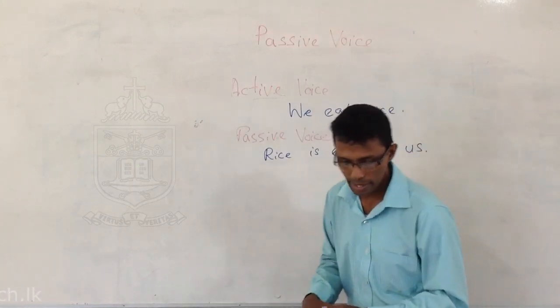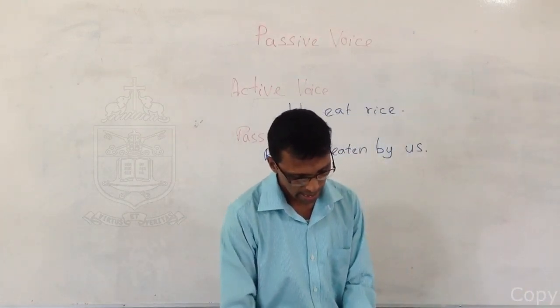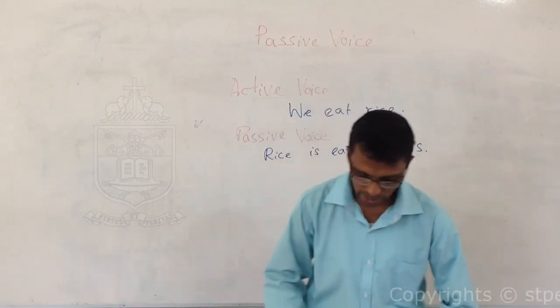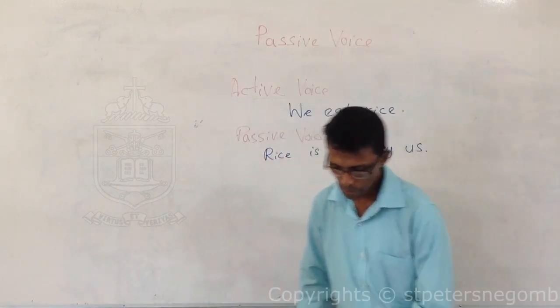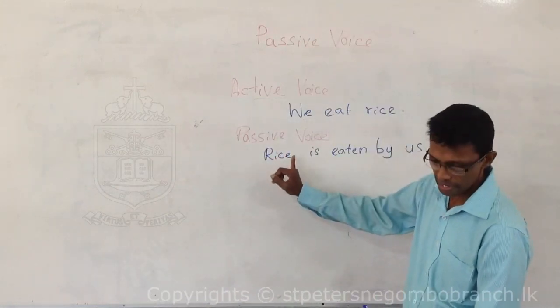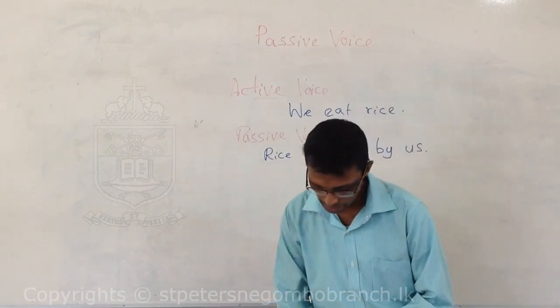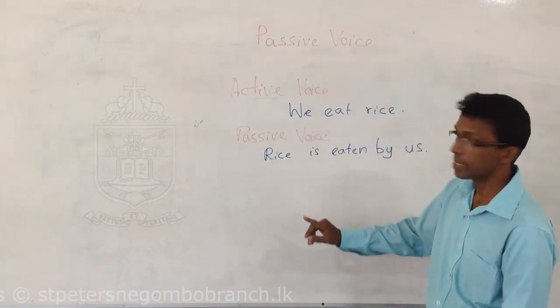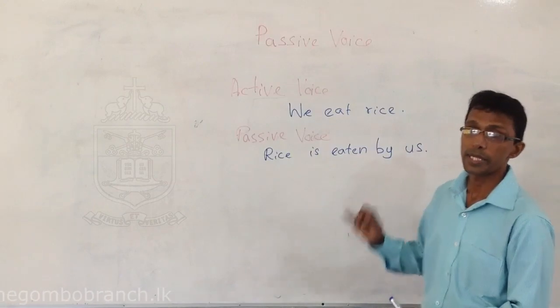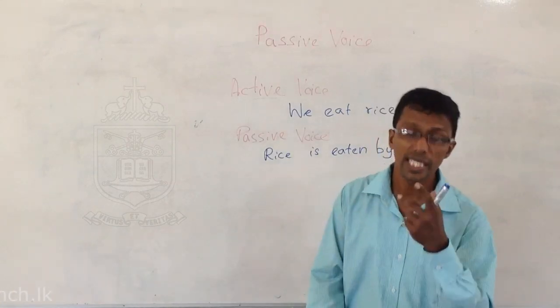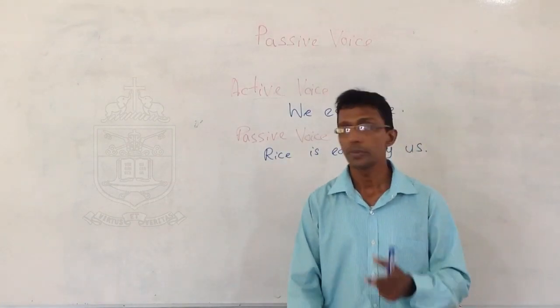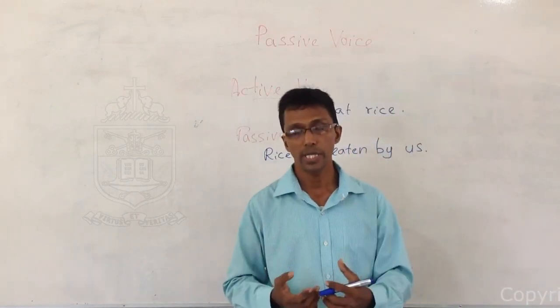Okay, what are the other things that you can notice in this one? You can notice that in passive voice, object is coming first, as I told you earlier. In passive voice, there is no perfect continuous tenses.